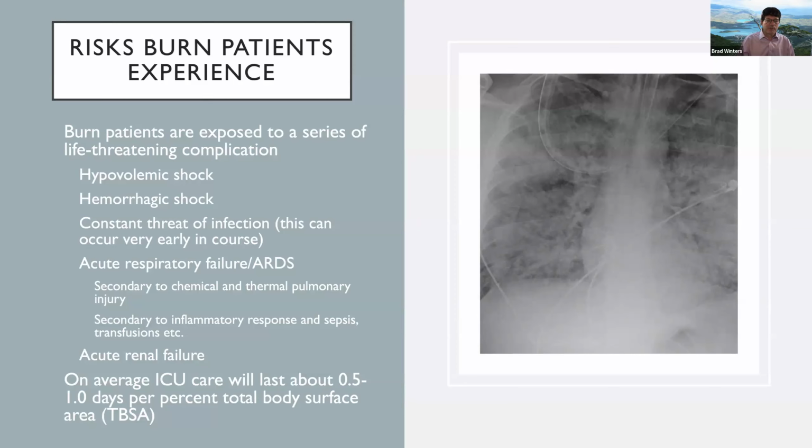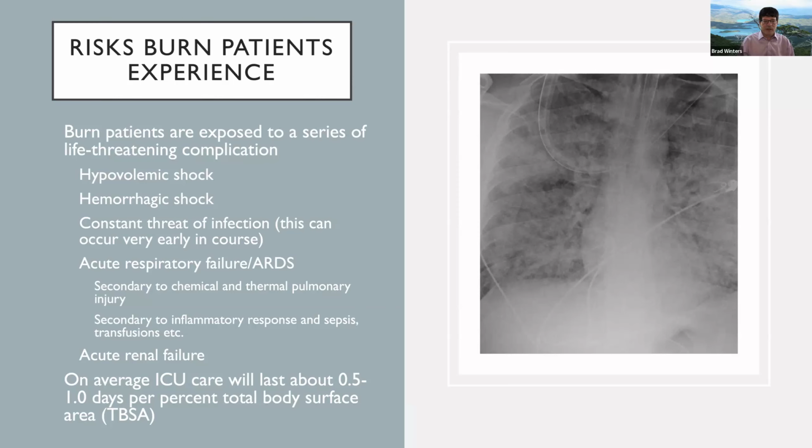Patients are also incredibly prone to developing acute respiratory failure and acute respiratory distress syndrome. A lot of this can be secondary to chemical and thermal pulmonary injury, so-called inhalational injury. And we'll talk a little bit more about that in a few minutes. But also the burn and subsequent infections can lead to severe secondary inflammatory responses, septic shock.